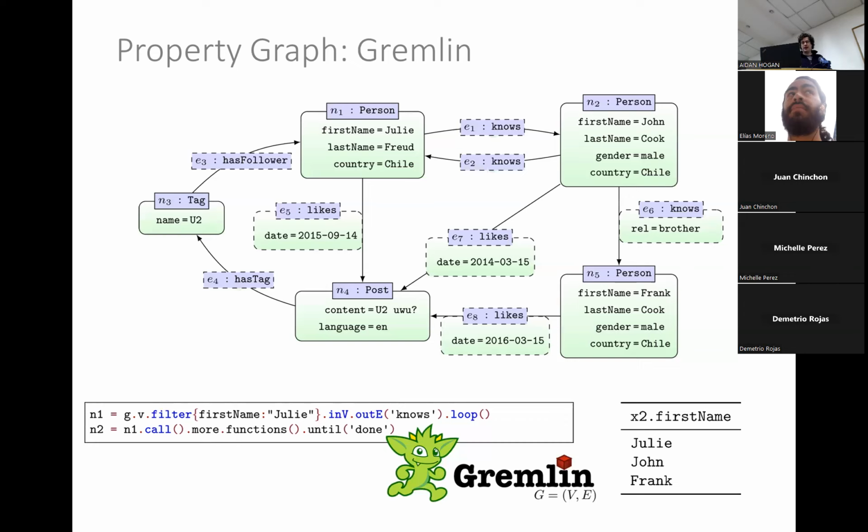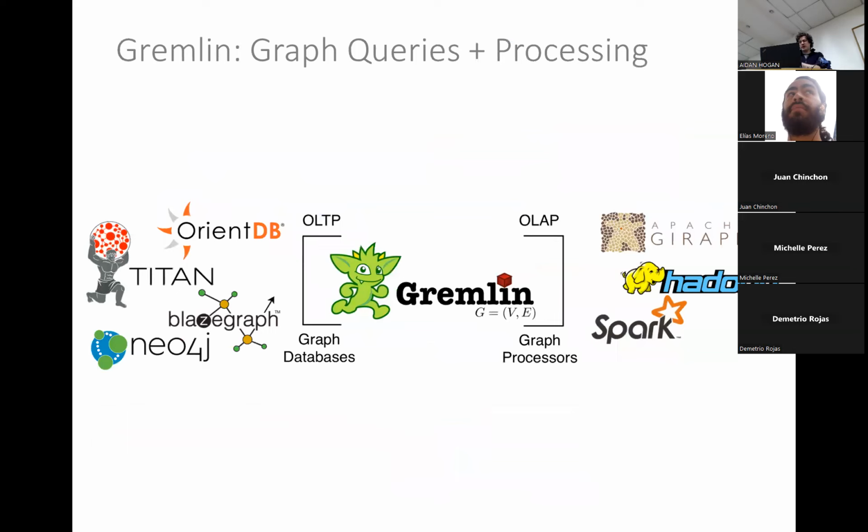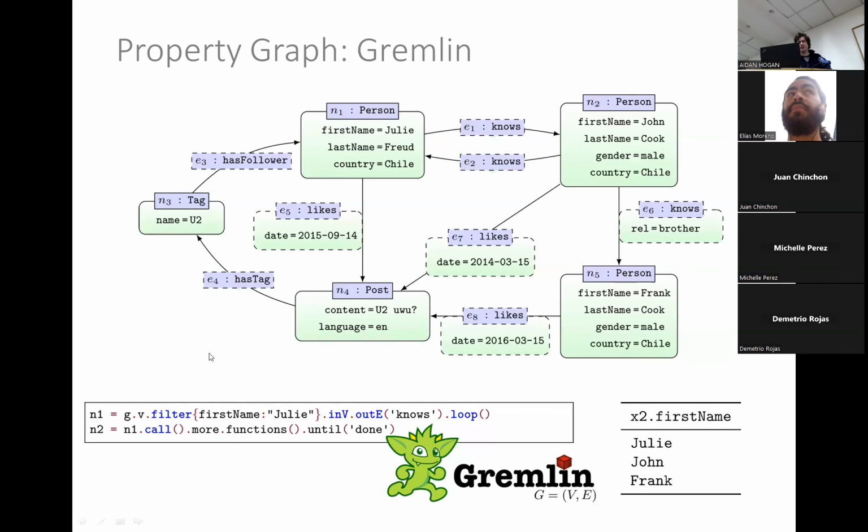In general, Gremlin is somehow in between these two worlds: it's a way of specifying algorithms over graphs, maybe a little like what we saw with Giraffe, but it's also run within the graph database. So the graph database can take this and optimize. For example, it could interpret this g.V.filter first name Julie as a query and use an index to find the matching vertices rather than reading them all.